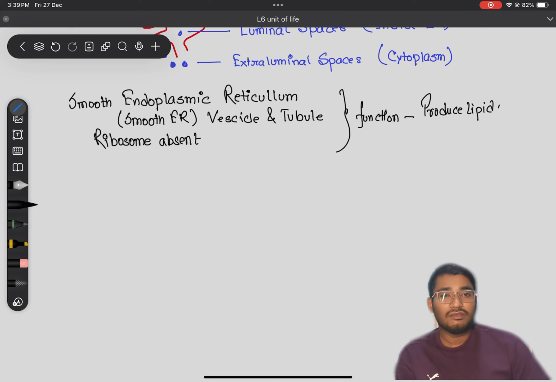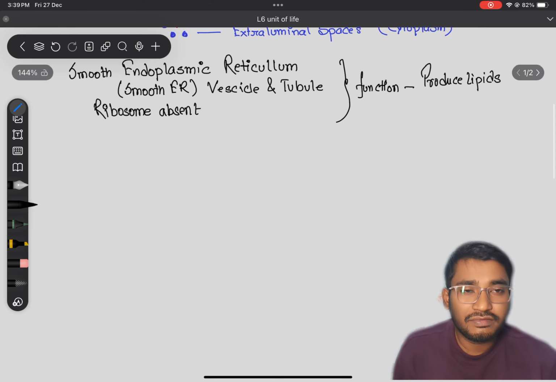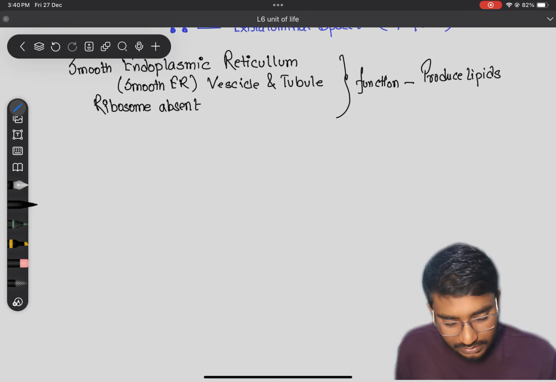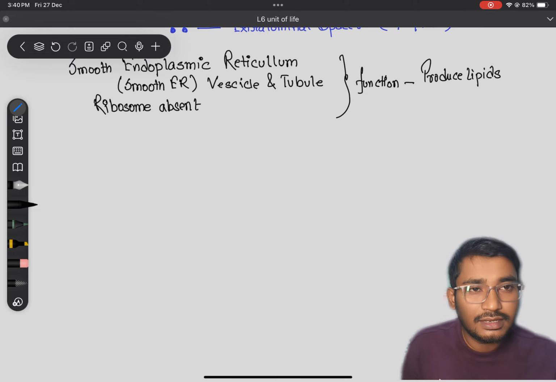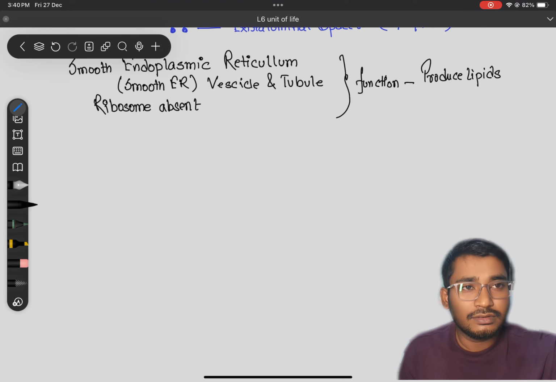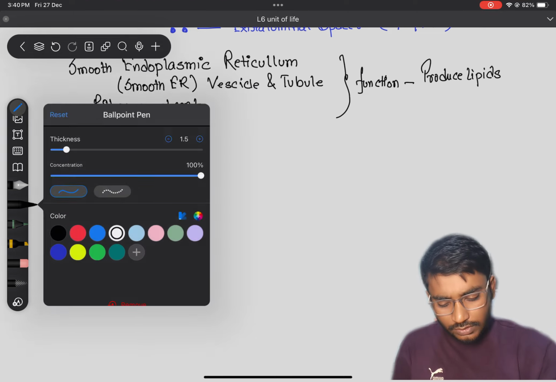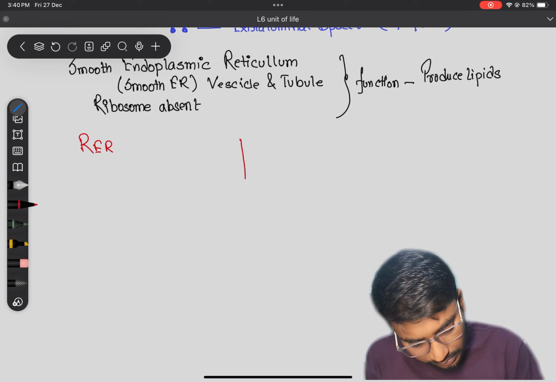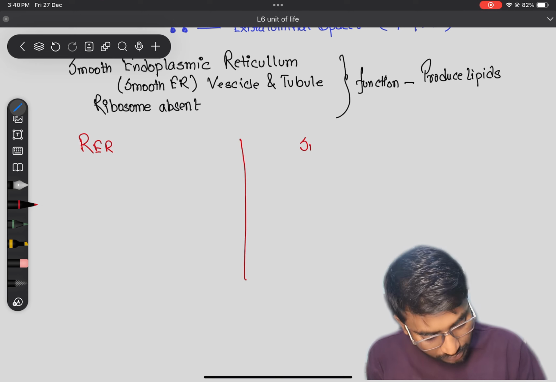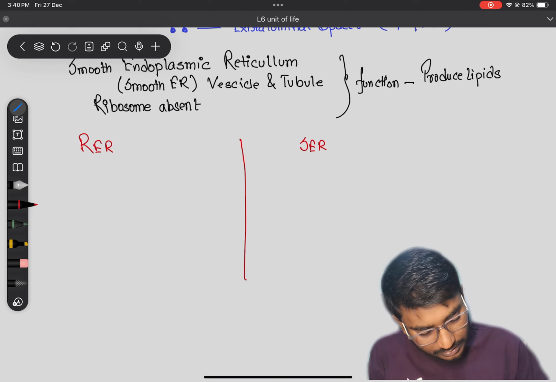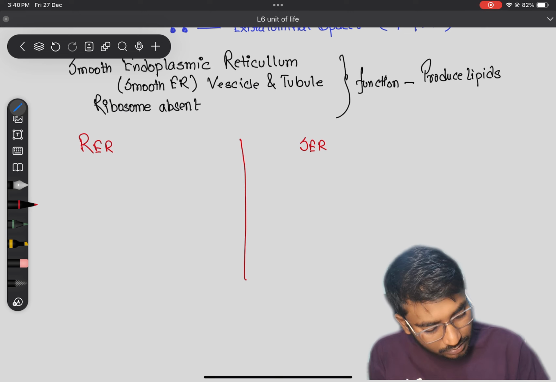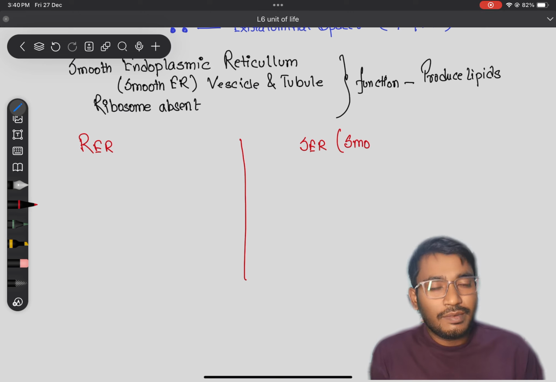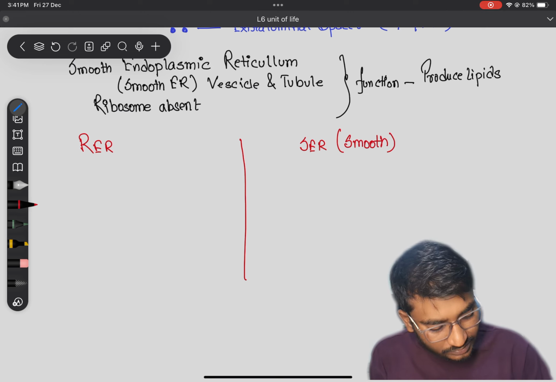Now if I am asked to give a difference between the RER and the SER, that is the rough endoplasmic reticulum and the smooth endoplasmic reticulum.